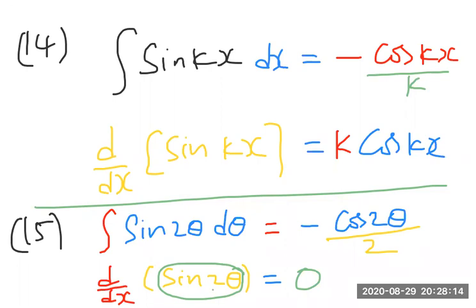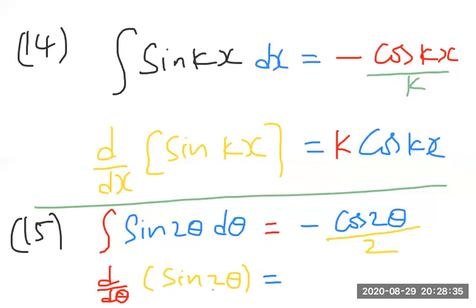So very dangerous. Now what should we do? I don't want x in the denominator here. I am writing d theta: d by d theta of sine 2 theta. What is d by d theta of sine 2 theta, sir?